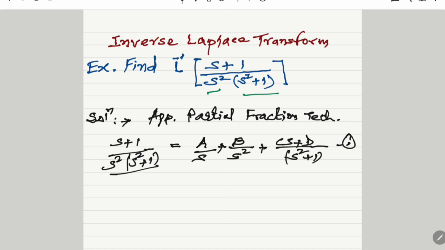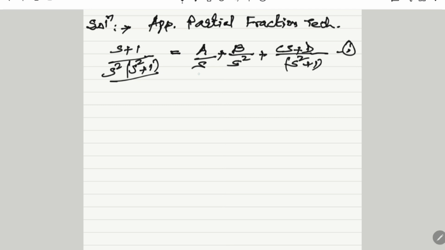Then, finding the LCM of these three terms, the LCM is s square into (s square plus 1). We get, dividing by s to this term, s plus 1 is equal to a multiplied by the remaining terms, s into (s square plus 1).